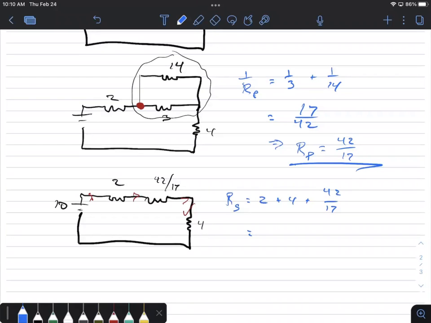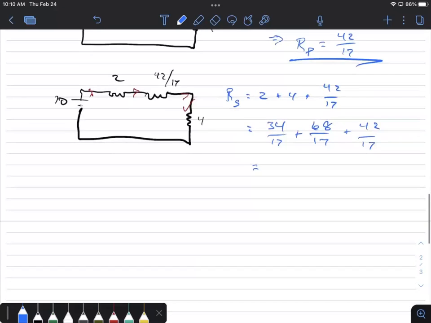All right, so what is that? Again, I have to get common denominators here. So this is 34 over 17 plus 68 over 17 plus 42 over 17. Okay, 110, 144. 144 over 17.